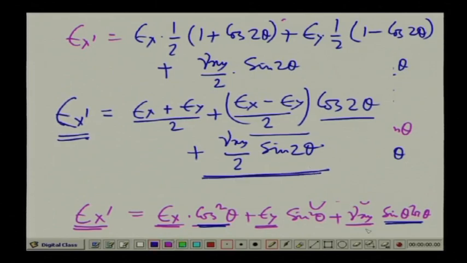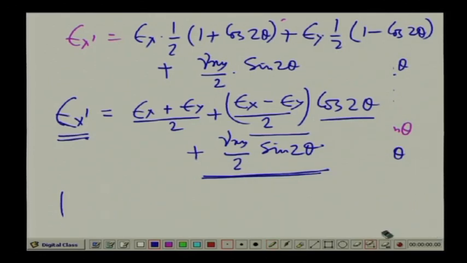Now, similarly, we can compute the value of epsilon y dashed from the expression of epsilon x dashed. Since the y dashed axis is at 90 degrees with reference to x dashed, if we place theta as theta plus 90, we can get the strain in the y dash direction.